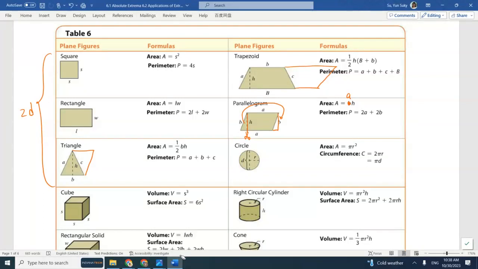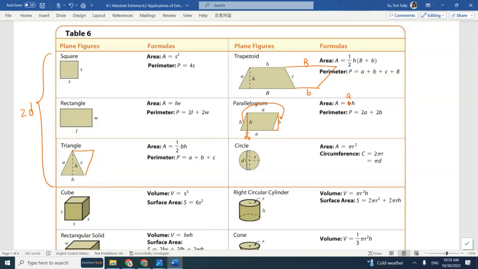But for the area of the parallelogram, this is small b, this is capital B. Do you see your new parallelogram, your base is capital B plus small b, and your height is h. Okay, this is how we get the area of the trapezoid.